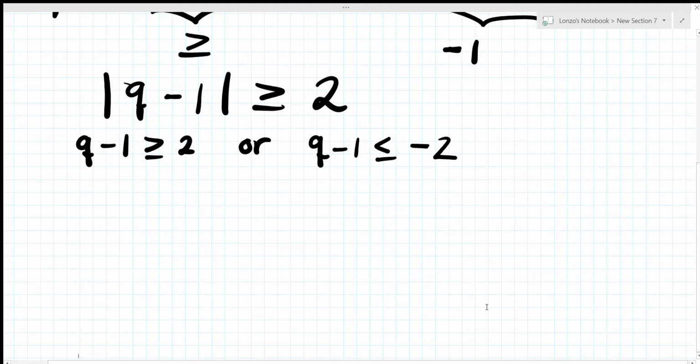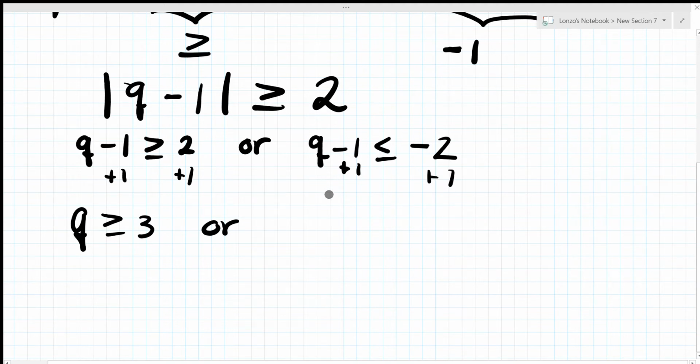Now solve for Q. I'm going to add 1 to both sides. Q is greater than or equal to 3, or, now let's solve this other inequality. You add 1 to both sides. You get Q is less than or equal to -2 plus 1, which is -1. So Q is greater than or equal to 3, or Q is less than or equal to -1. Now let's put it on a number line.